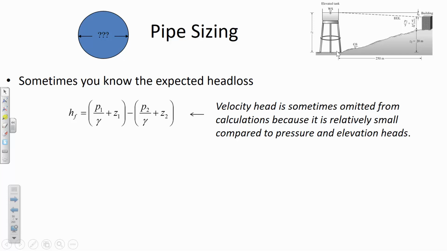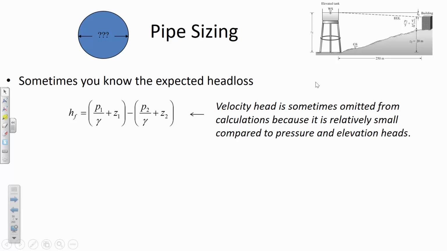If you've got an elevated tank and you know where the building is and you know what the flow velocities are going to be, sometimes you know the expected head loss. That's the case where you have a known elevated tank and a known location where you're piping water to. And so you'd know the expected head loss by finding the difference in the pressure head and the elevation head at one location and at the other.